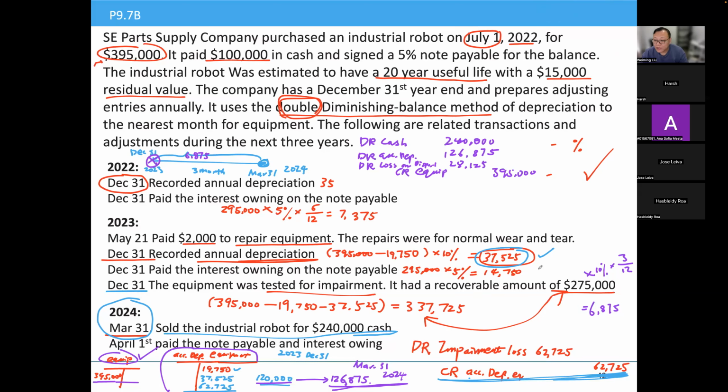Professor, which was the last account you debited? It's called a loss on disposal. If it's a debit, that means it's a loss. If it's an additional credit, that means it's a gain. Okay, thank you.